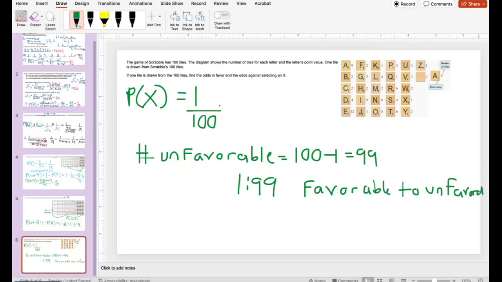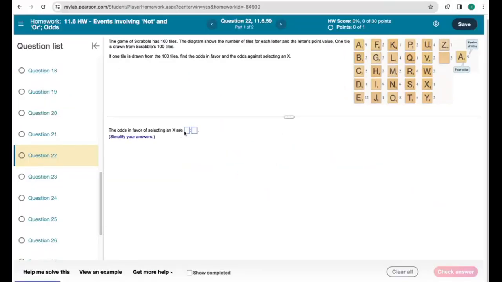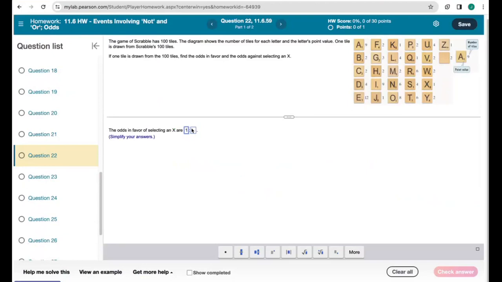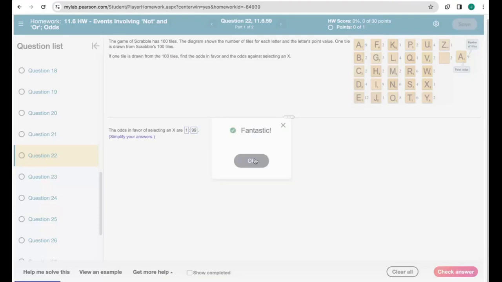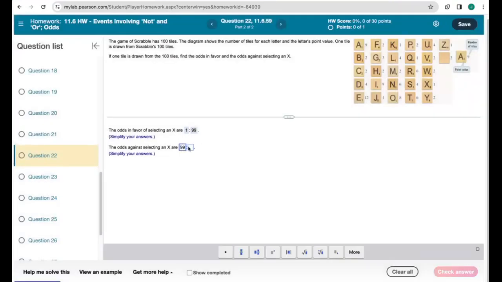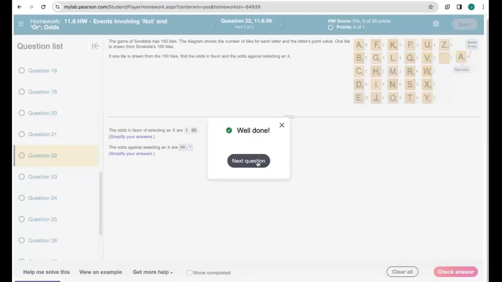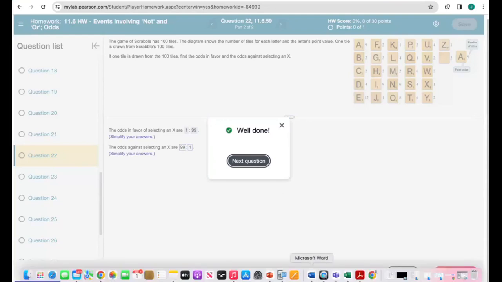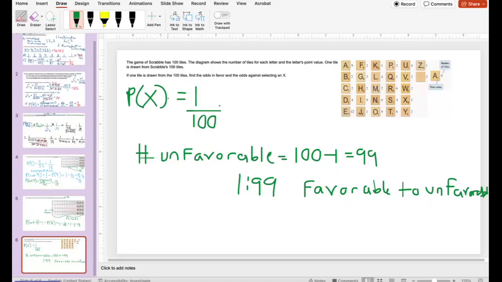Does that make sense? Mhm. And then, so that was the favorable odds we had, right? It's just 1 to 99. And then we want to find against it, which are just going to be 99 to 1. We just flip it. But I think it helps to write it as a probability first, like that.